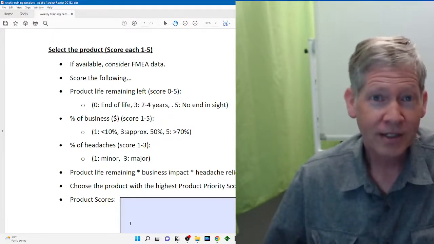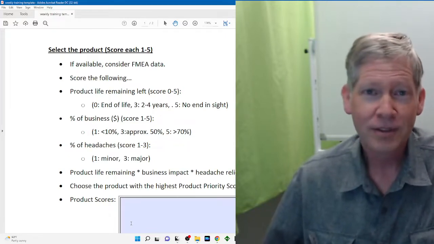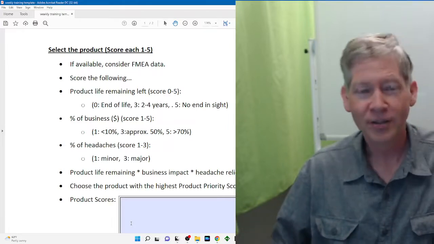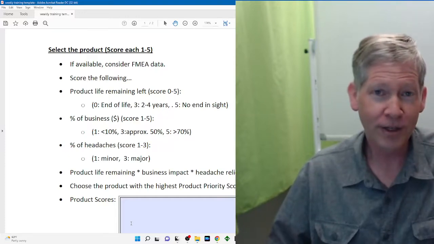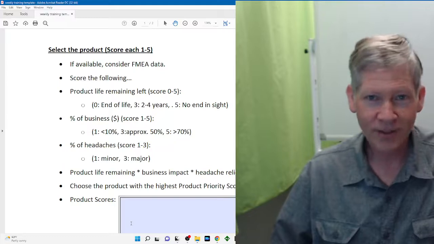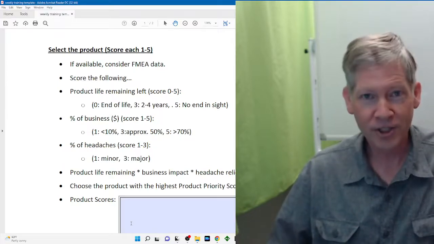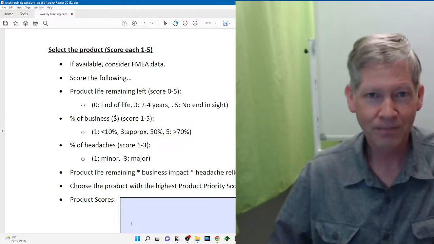Secondly, you want to look at what percentage of the business is it? Using that same example, we're selling 3 more of that product where we're selling tens of other products. The amount of business left in those last 3 products did not justify us spending large numbers of engineering hours trying to improve documentation on it.